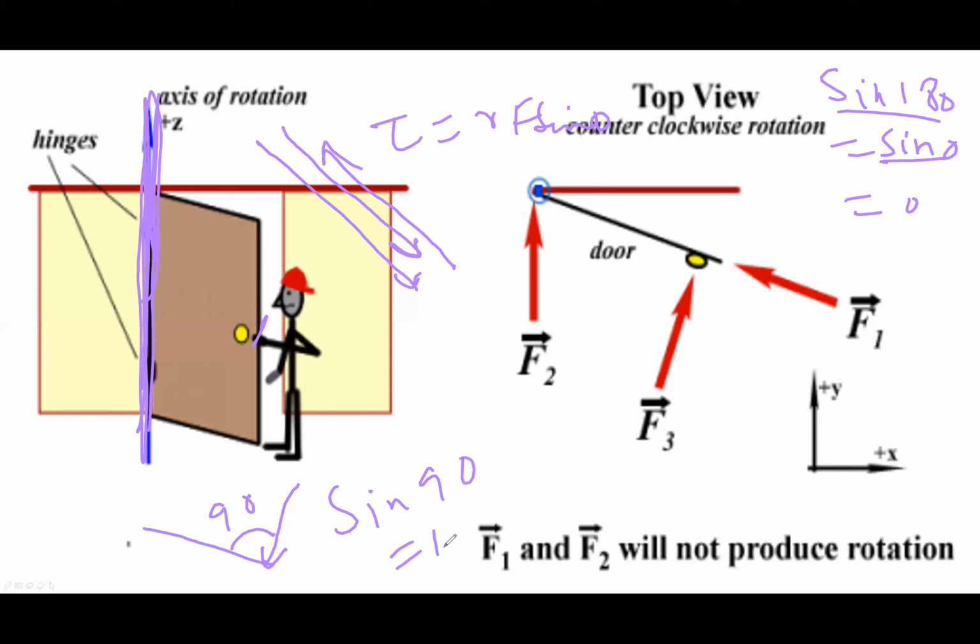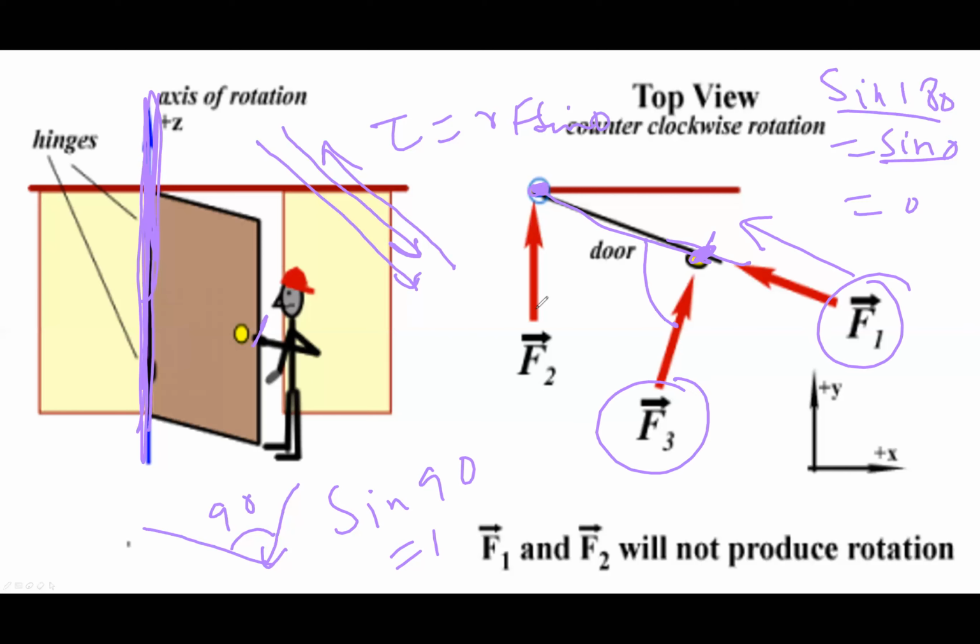Now, different forces have been shown. This is the point of rotation. This is the perpendicular distance. This is the point of action. This force is acting parallel, so it will produce 0 torque. This will produce maximum torque because it is perpendicular.